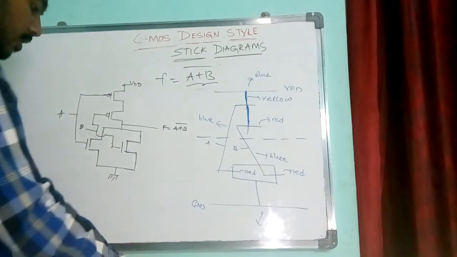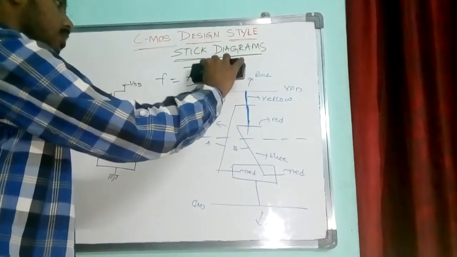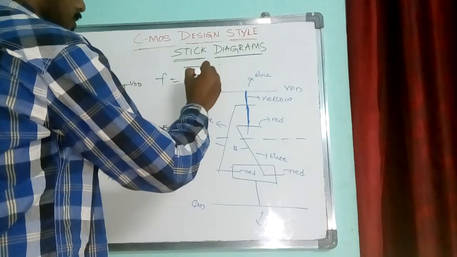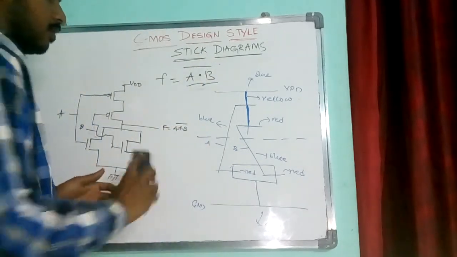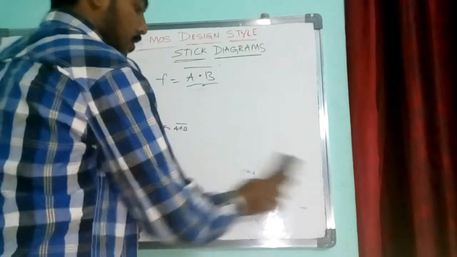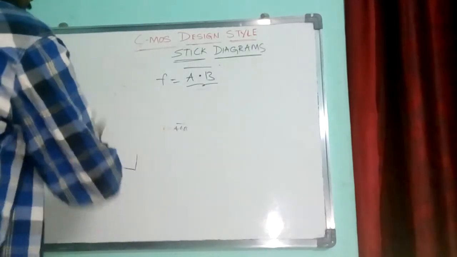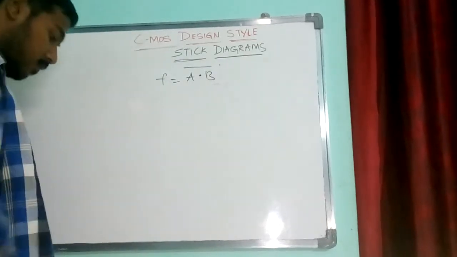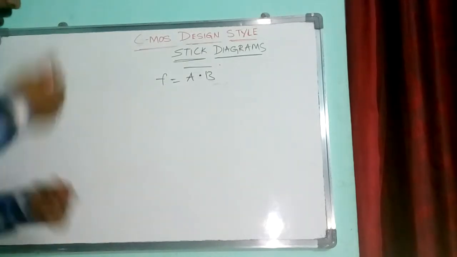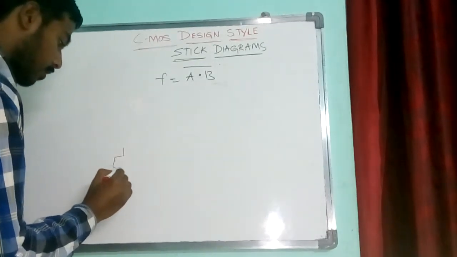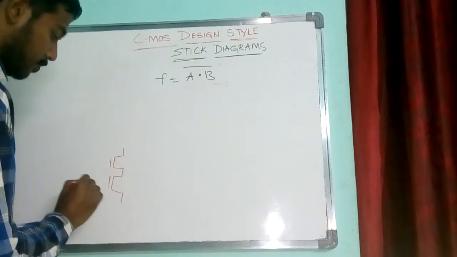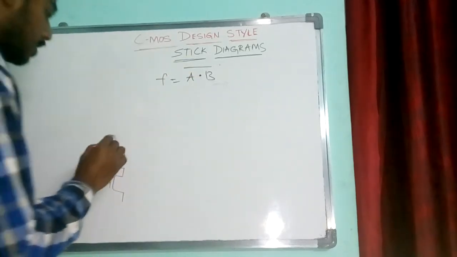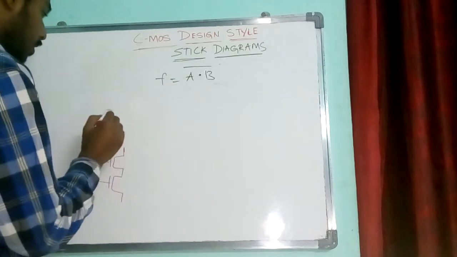Similarly, I consider the AND gate. What will happen for an AND gate? It has AND, so first I need to complete the NMOS side. This is B, this is A. As it is a dot, both should be in series, and the device should be in the PMOS side.